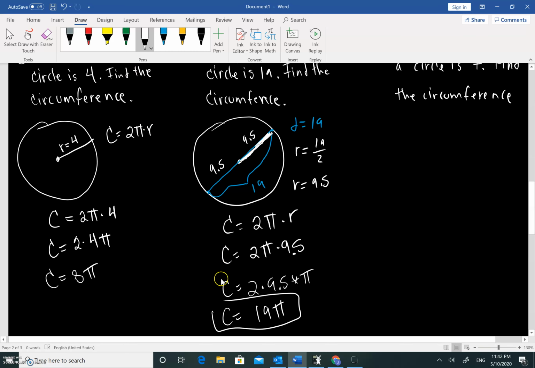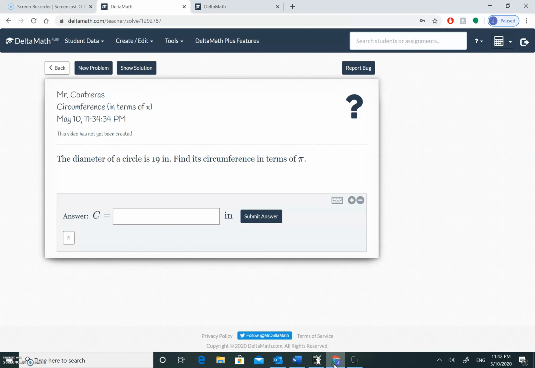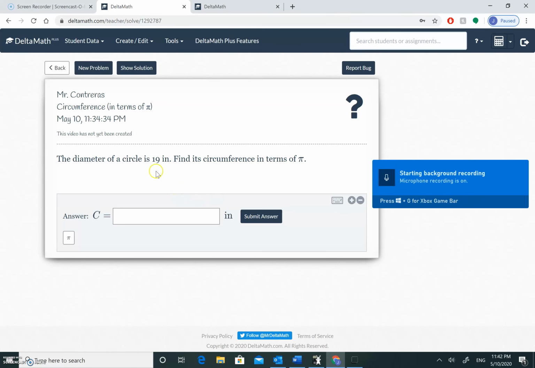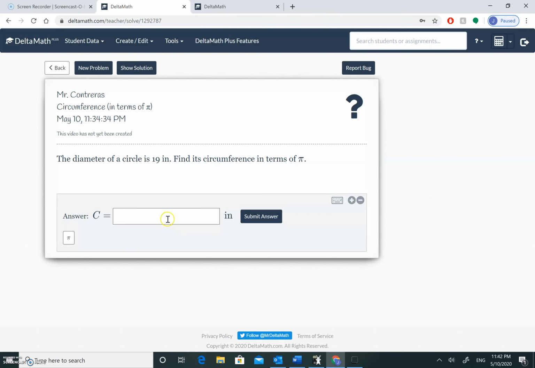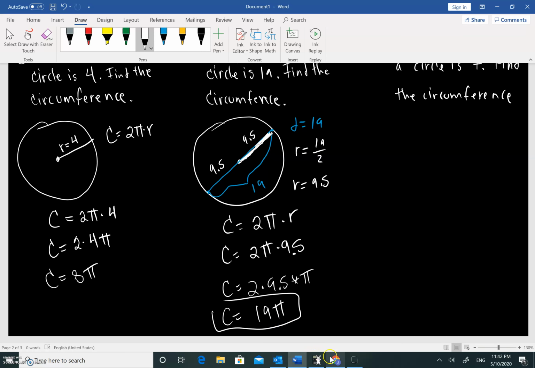So let me show you how you would go ahead and put this into your Delta Math if you were working on Delta Math. So the diameter of a circle is 19 inches. Find its circumference in terms of pi. That's the same question that I just did, just with a little bit different wording. So our answer that we got is 19 pi.